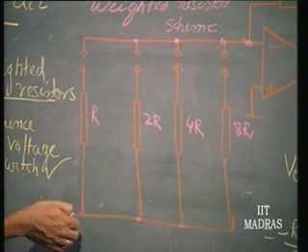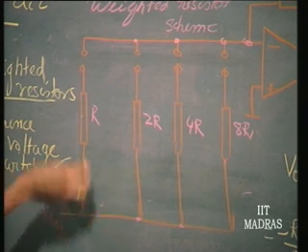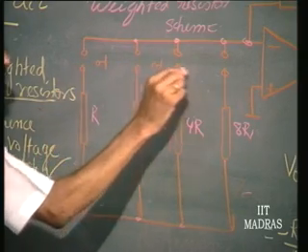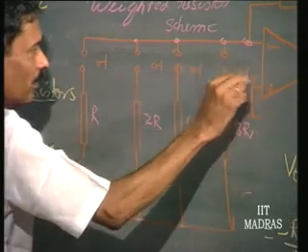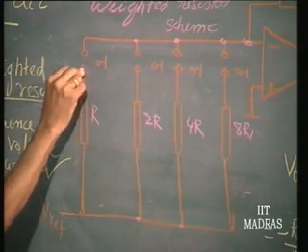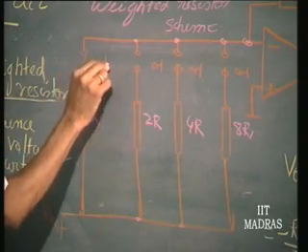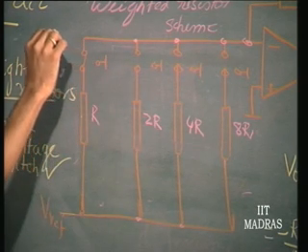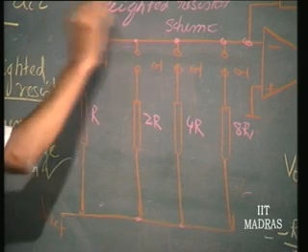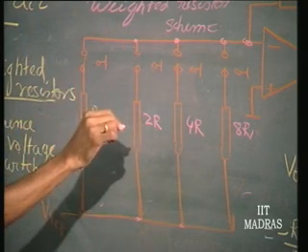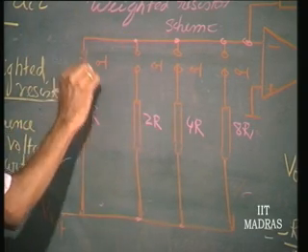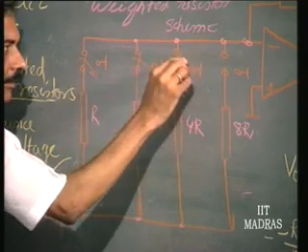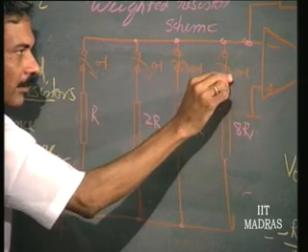Instead of one FET, we have to use 2 FETs, that is all. And now, the switch is either here or connected to ground. That means, the current V reference by R is all the time flowing into virtual ground or into actual ground. So, this is the scheme of things.